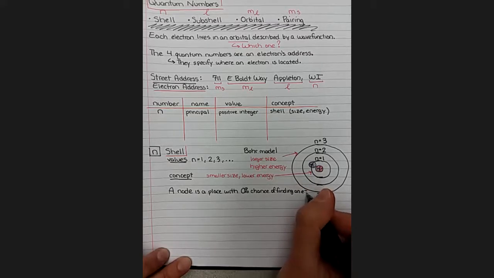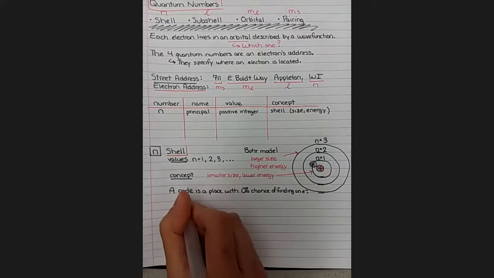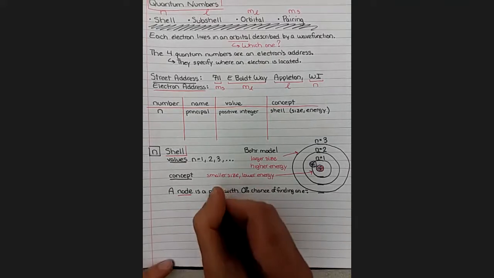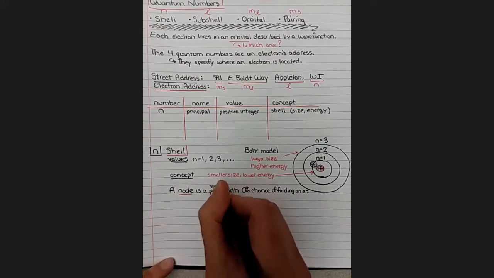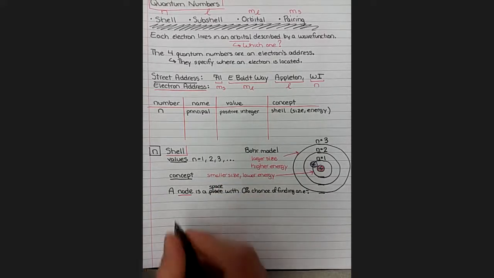So when we drew the microwave, we said if there was a node, that was a place where the food was going to be cold because the amplitude was 0. This is kind of the same thing, it's just in 3 dimensions. It's a 3-dimensional space where there's a 0% chance of finding an electron.